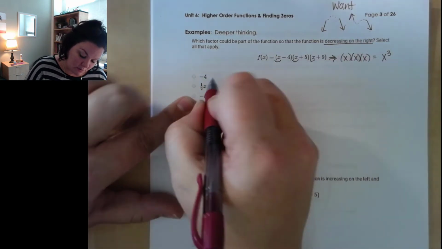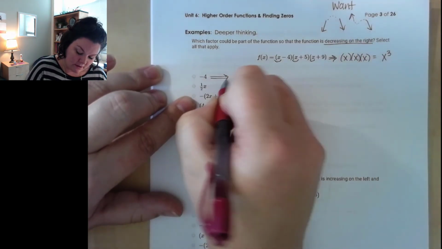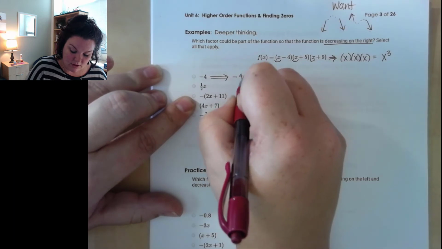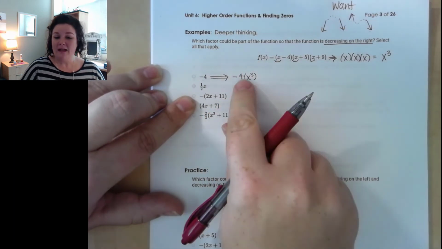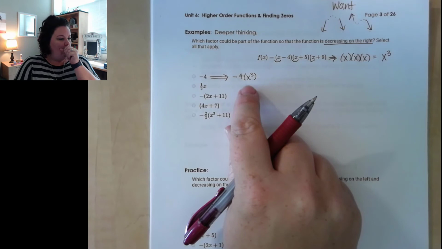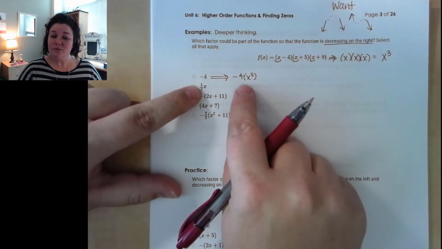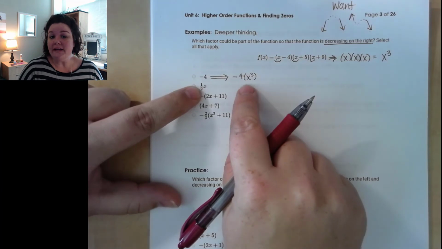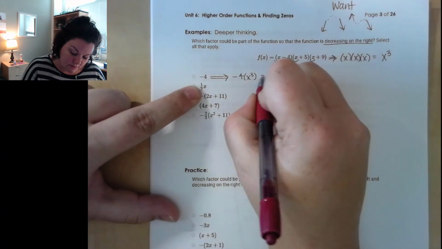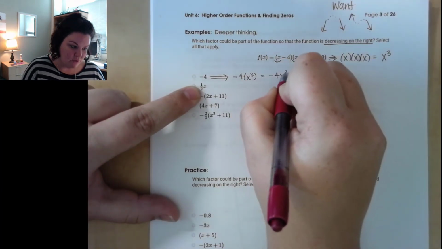Okay, so I'm going to go ahead and just write over here, if I do -4 times x cubed, that's what's going to give me my new leading coefficient, right? Which is equal to -4x cubed.